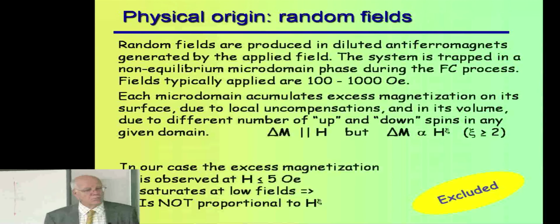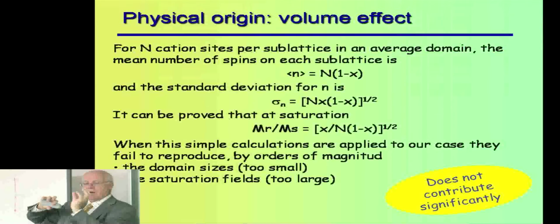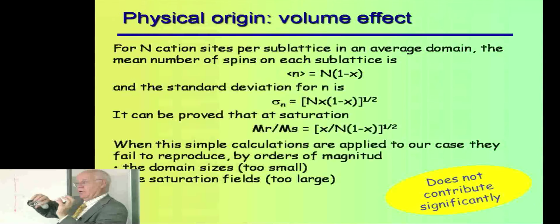this origin. Volume effect, what do we mean by that? This is if we have a sublattice A, sublattice B going down, and now we randomly substitute some sites. Well, maybe we do not substitute 50% of A and 50% of B. Maybe we substitute 48, 52. So there is a kind of a standard deviation.